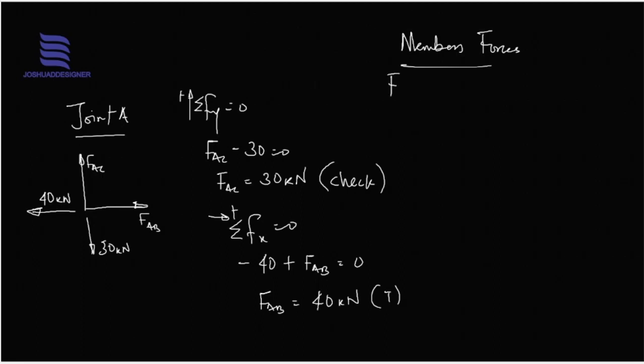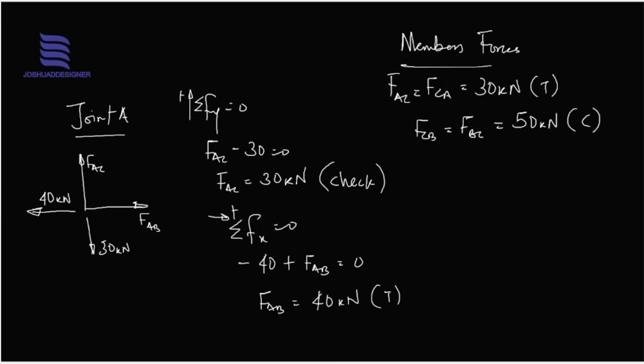We have FAC, which is the same thing as FCA, 30 kilonewton tension. We have FCB, the same thing as FBC, 50 kilonewton compression. FAB, same thing as FBA, 40 kilonewton tension. So this represents our solution.